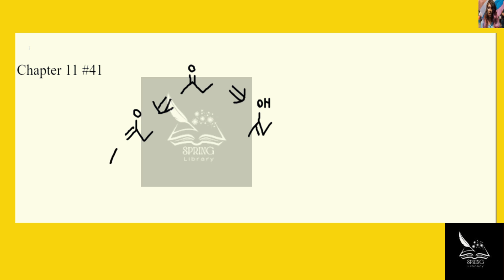And so the conditions that we're using are going to add the alcohol on the more substituted carbon. And so for this one on the left, let's see. 1, 2, 3, 4.